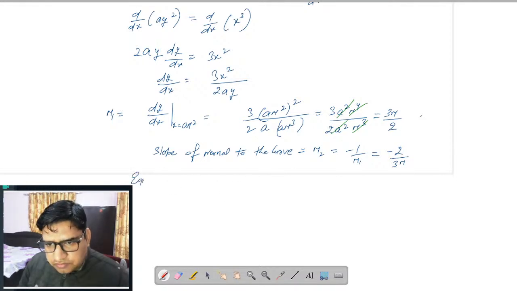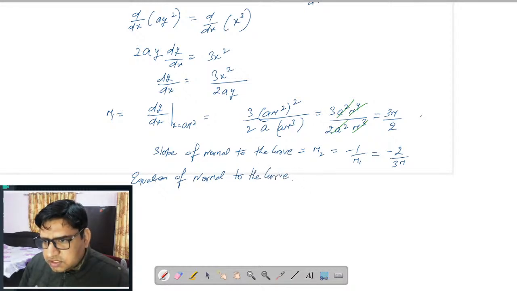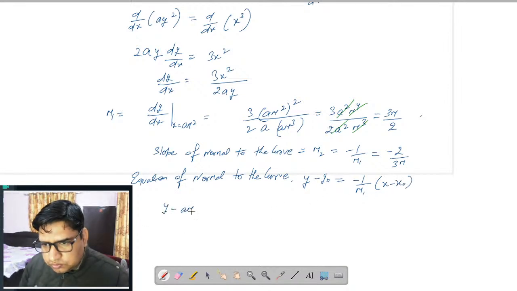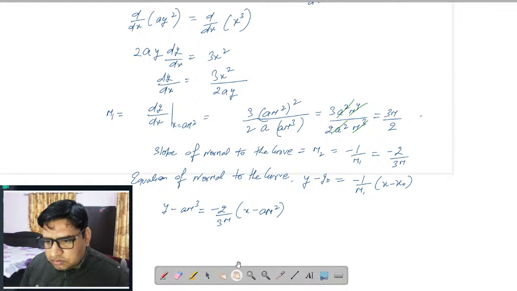Now we have the equation of normal to the curve: y minus y naught is equal to minus 1 upon m1 times x minus x naught. That will be y minus am cube is equal to minus 2 upon 3m times x minus am square.